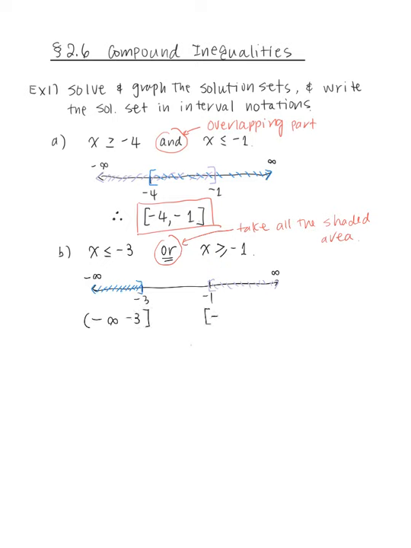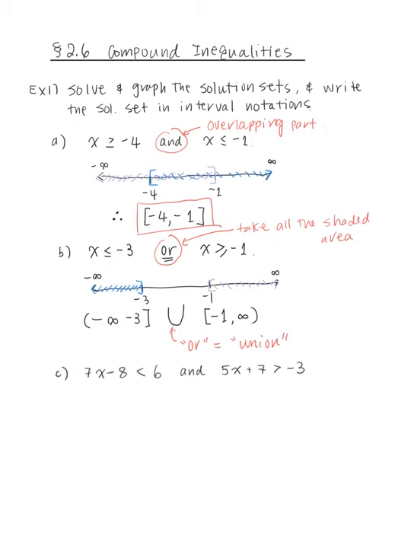And then from here, you're going to have negative 1 to positive infinity. If it's or, what you need to do is join the two intervals by this letter U. This means or, we call this a union. So let me write that out. This means or, we call this union.